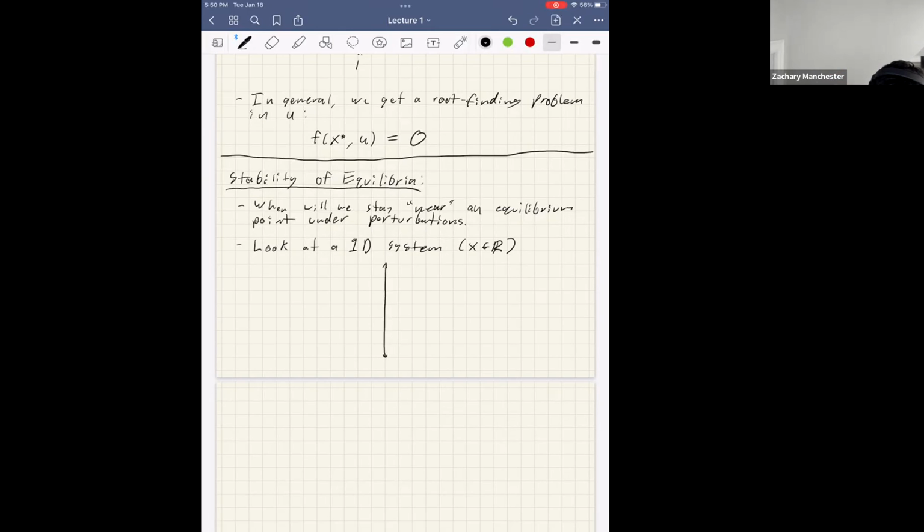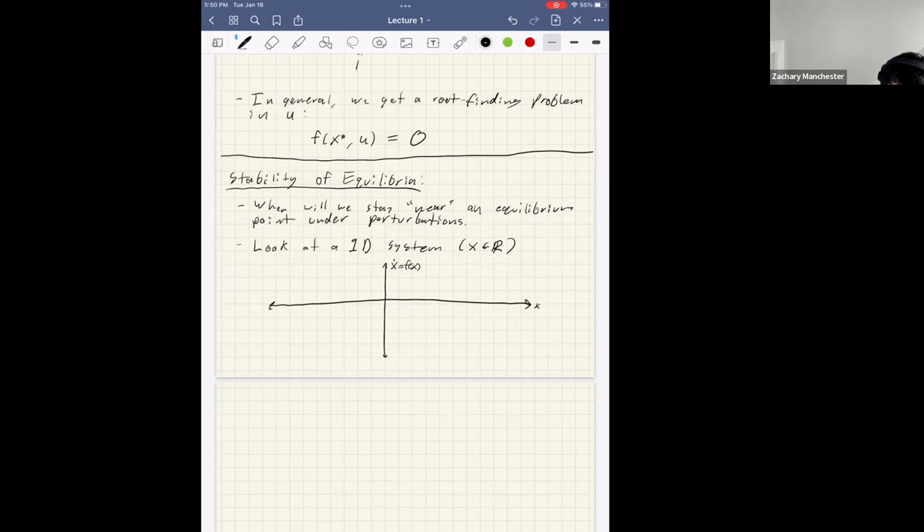So I'm going to draw a 1D nonlinear system where the x-axis is x, and the vertical axis is x dot, which is our dynamics, f of x. Here there's no control, it's just an autonomous system.